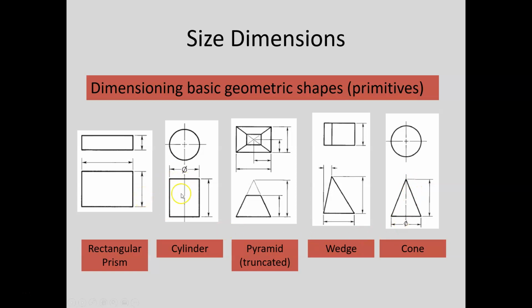So a positive cylinder is a cylinder that we can touch. A negative cylinder would be a hole. A rectangular prism, a positive shape would be a box that we can touch. A negative shape would be a rectangular cutout of an object. So each one of these 7 primitives, the 5 that I'm showing here, plus the other 2, can take the form of a negative shape or a positive shape.